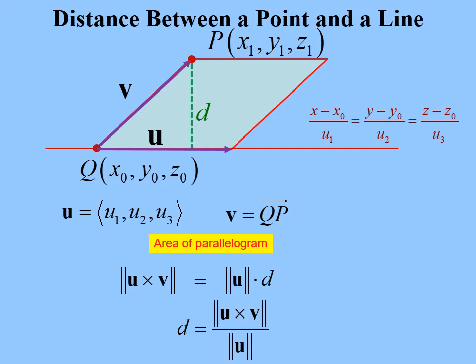So that basically is the formula that we could use for finding the distance from a point to a line in space. Notice again that the vectors have to be created. So you're given the line, either parametric or symmetric, and you need to find a vector in the line, and you need to find the vector from some point in the line up to the point that you're trying to find the distance to.